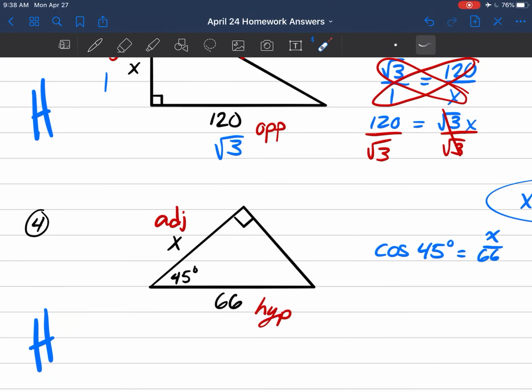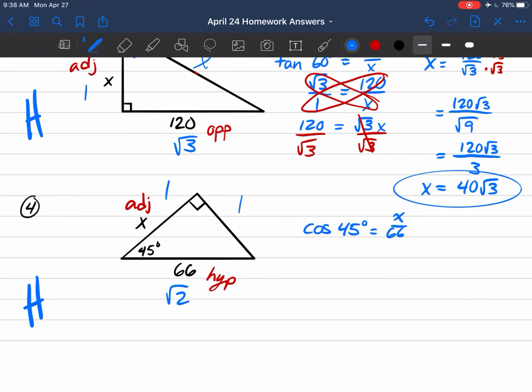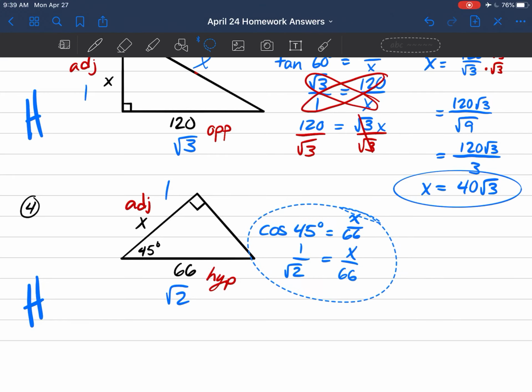So this is a 1, this is a 1, and the hypotenuse is square root of 2. We're not using that one, so we just need 1 over the square root of 2. And then x over 66. Let me move that over because I know I'm going to have to simplify that later.